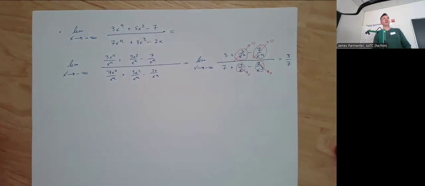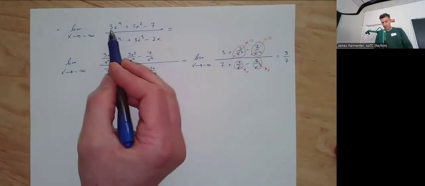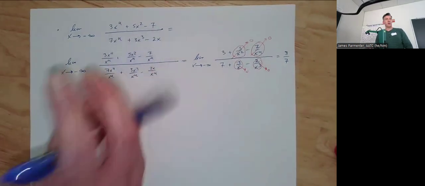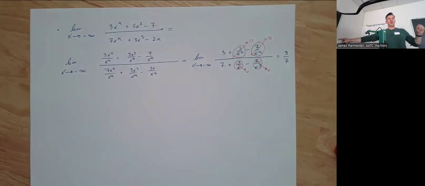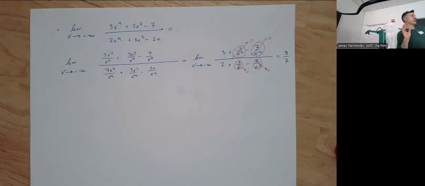Usually, I'll back that up. For rational functions, meaning a polynomial divided by a polynomial, the left-hand limit to negative infinity and the right-hand limit to infinity, if they exist, are always the same. You're always going to get the same value to the right as you get to the left for rational functions, meaning polynomials divided by polynomials.